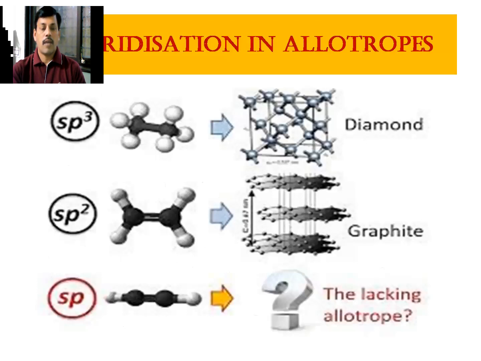If you discuss the hybridization in allotropes, diamond has sp3 hybridization. Already we discussed that each carbon is sp3 hybridized and attached to another 4 carbons, forming a tetrahedral structure over the whole crystal. This is the diamond form. In graphite, each carbon is sp2 hybridized, and this shows a layer structure.